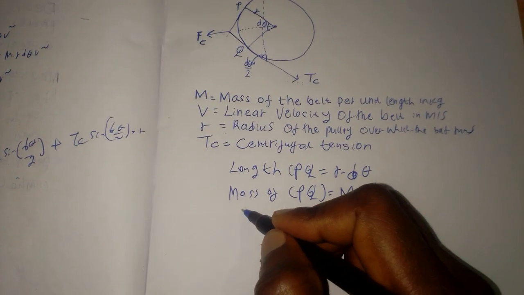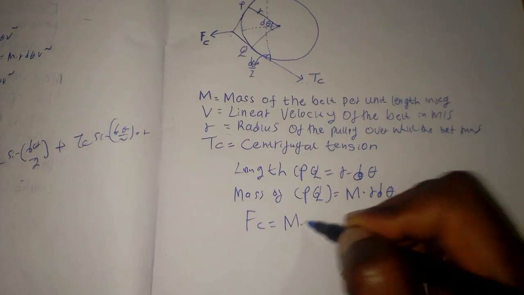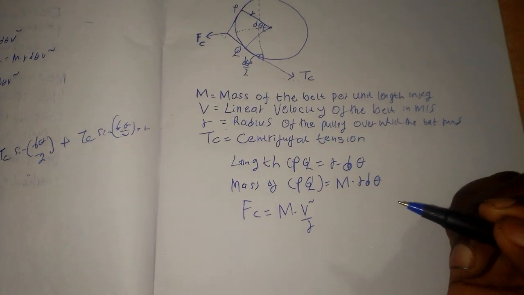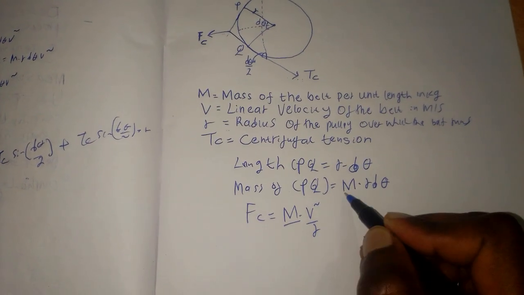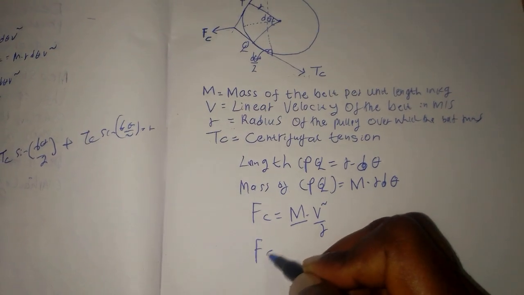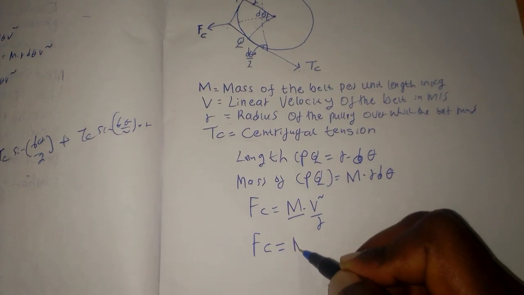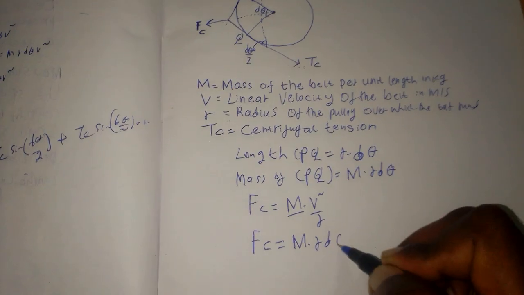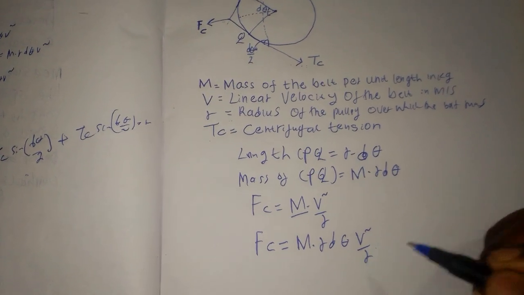Now we know that the centrifugal force is equal to mass times v squared over r. Now we have mass as m r d theta. Now the centrifugal force F is going to be m r d theta v squared over r.